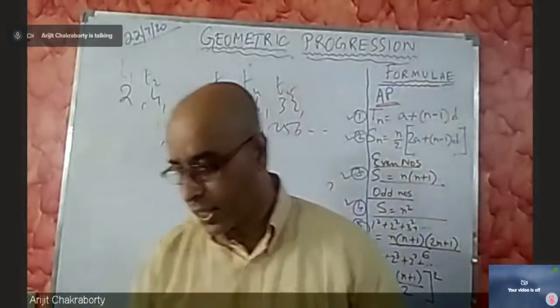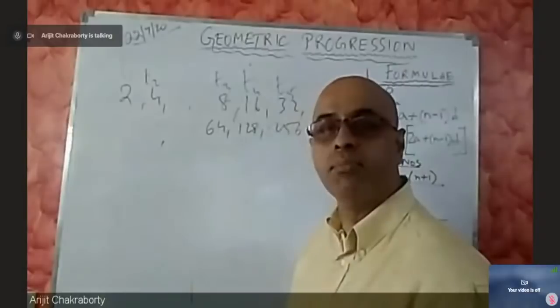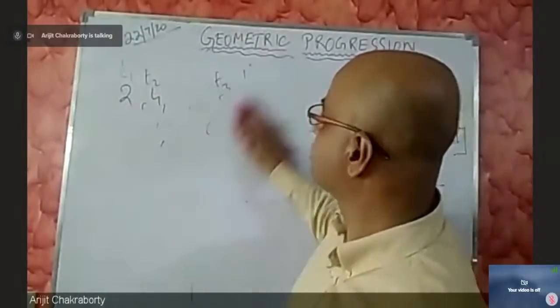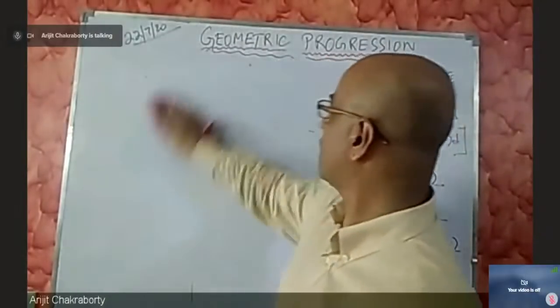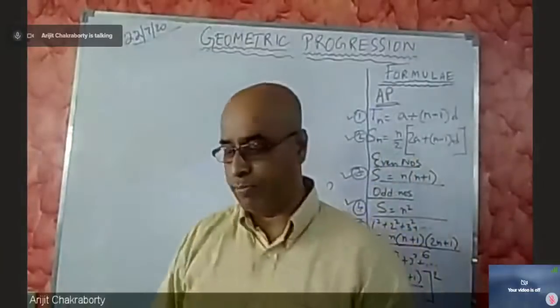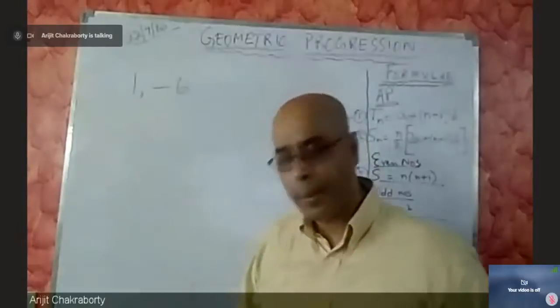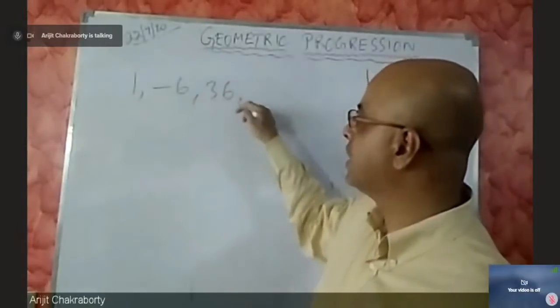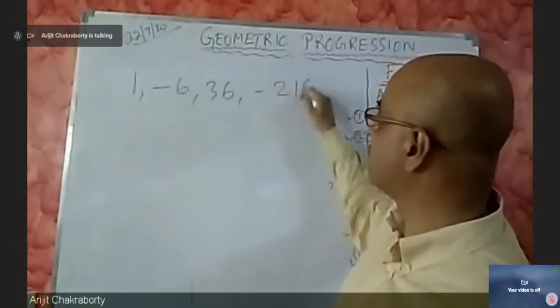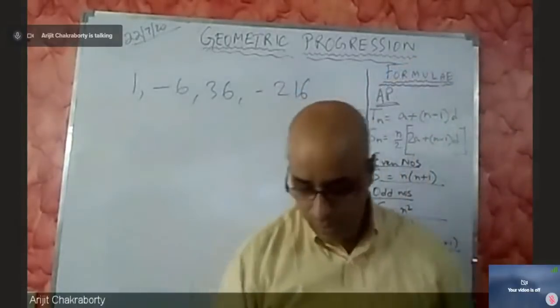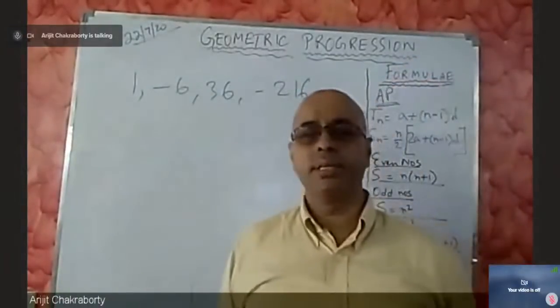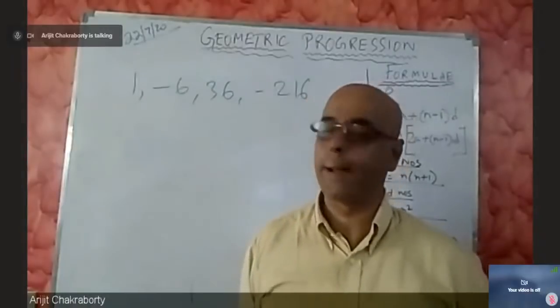But before that, let's see if we can find out some more GP sequences. Let me write another sequence and see whether it's GP. 1, minus 6, then I have 36, then I have 216, minus 216. Is this a sequence? Yes.